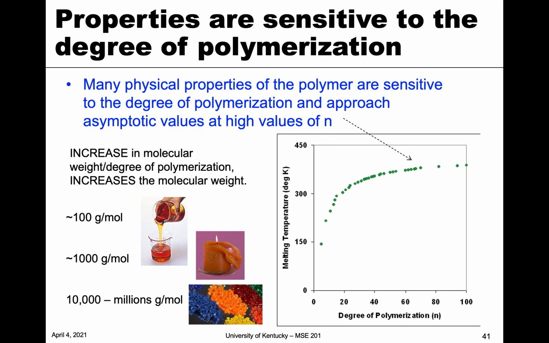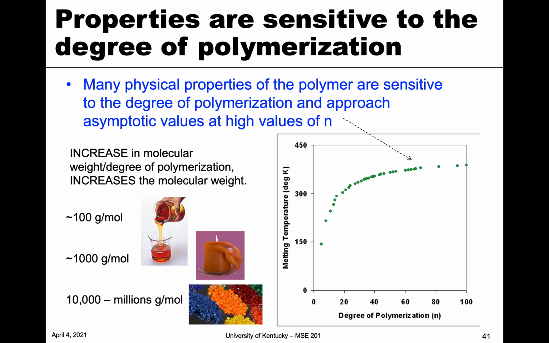So the physical properties of polymer are very sensitive to DP, and in terms of various properties, let's take a look at melting temperature, for example. This has kind of an asymptotic relationship in that very low degrees of polymerization tend to have a very low melting point. So you can think of this as the same example with polyethylene.